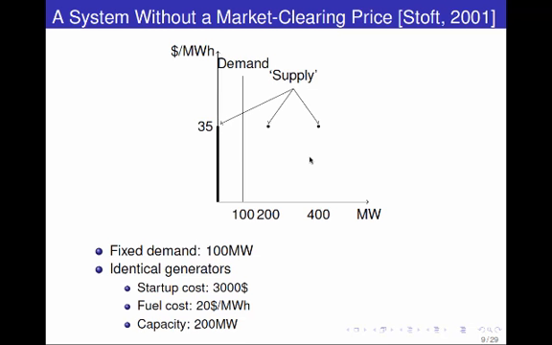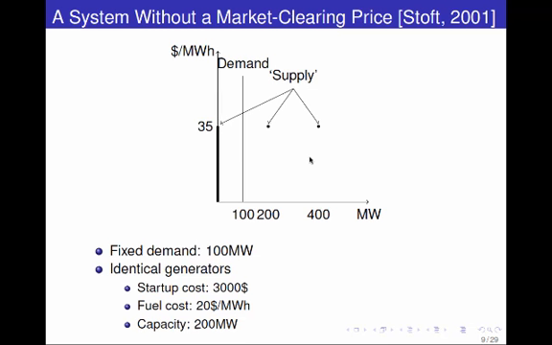And if you award $35 per megawatt hour, I will produce exactly 200 megawatts, because 35 is above my fuel cost. So if you announce a market clearing price of 35, I'm going to max out, I'm going to be willing to supply exactly 200 megawatts.